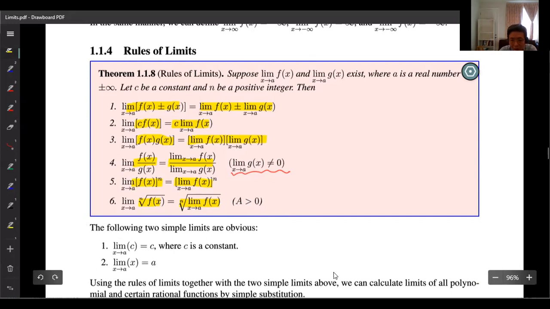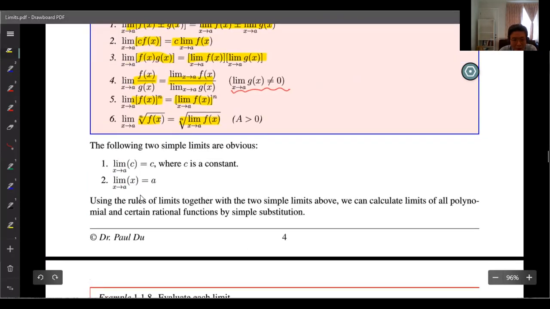Using these 6 basic rules together with these 2 simple limits, these 2 obvious limits. So the limit of a constant is very easy, it is just the constant itself. Of course, just the constant itself, because the function never changes.